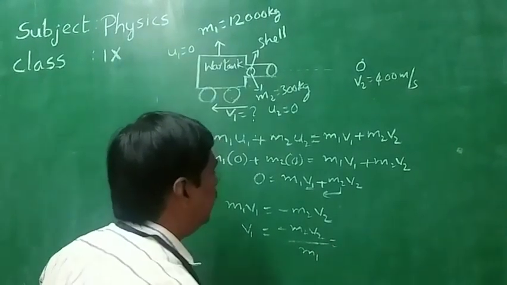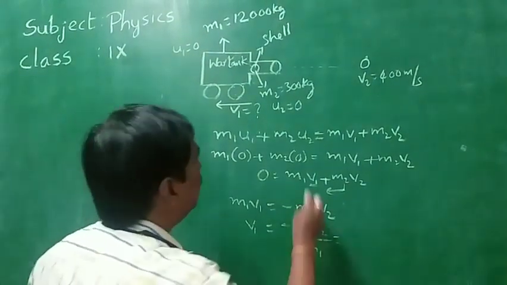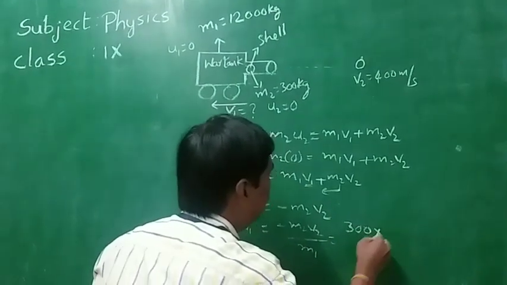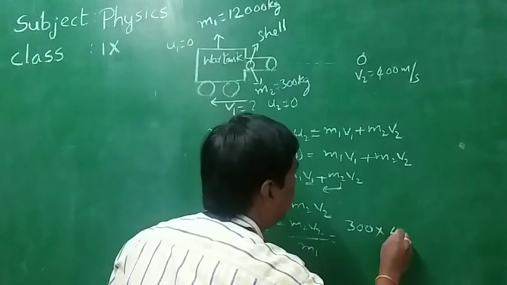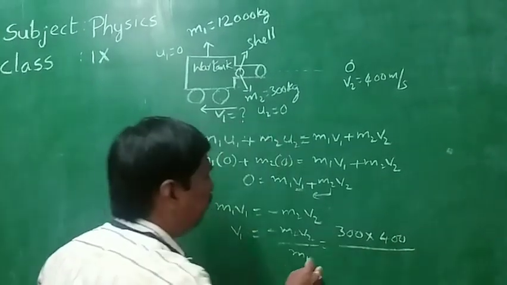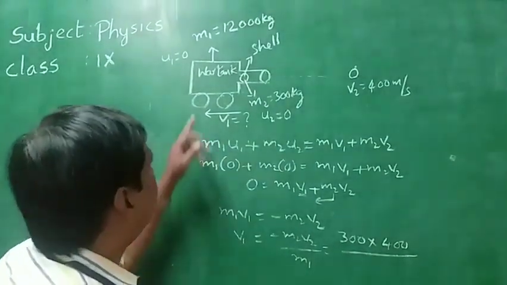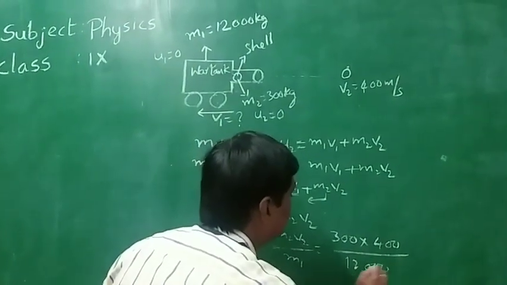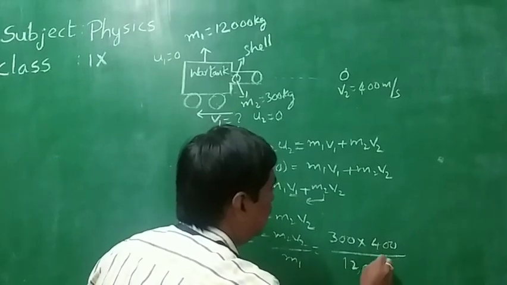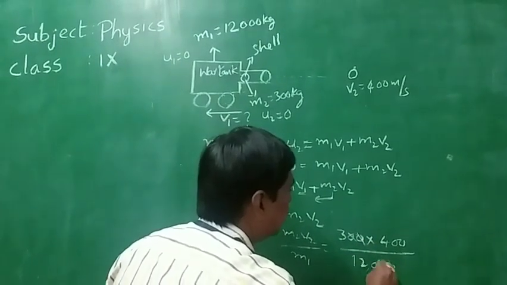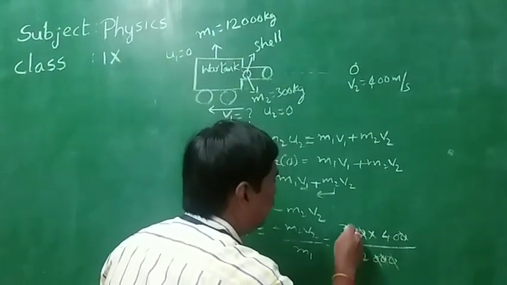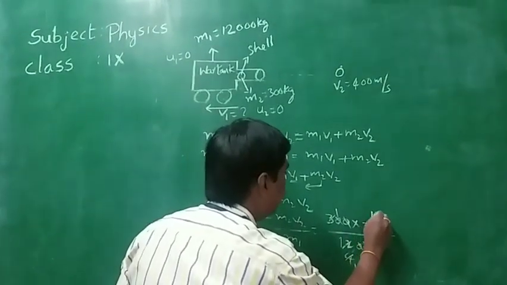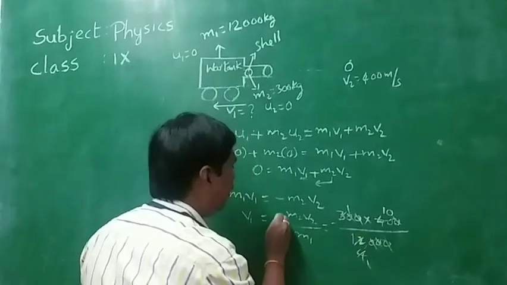If you put the values here, m2 is 300 kg, the mass of the shell, and the velocity is 400, divided by m1. m1 is the mass of the water tank, that is 12,000 kg. So two zeros get cancelled, and one more zero gets cancelled. 3 ones are 3, 3 fours are 12, and 4 ones are 4, so you get 10, and here you have the minus sign.